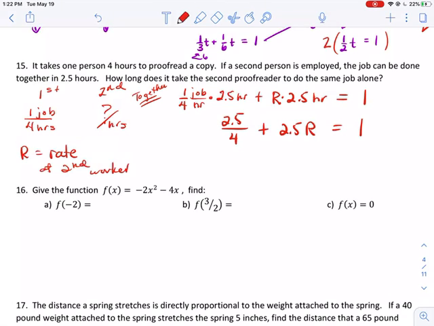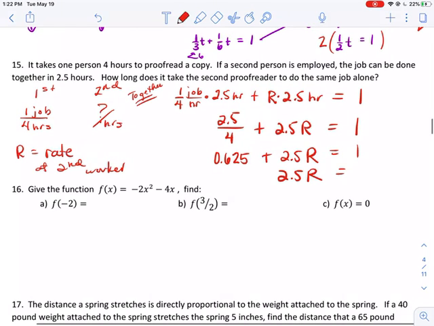My calculator is in the other room, so I'm going to try to use the calculator here. 2.5 divided by 4 is 0.625, so 0.625 plus 2.5R is equal to 1.